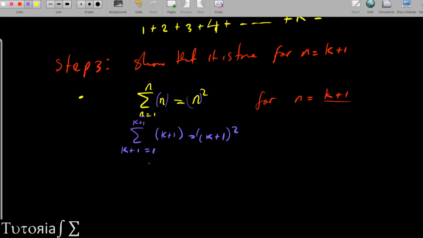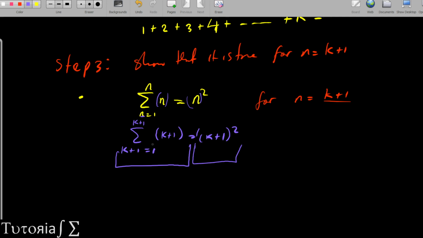Now, in this step, you're showing that this side is equal to that side. Either you pick the left side and try to produce the right side, or the right side and produce the left side. Whichever way you choose, it's up to you.